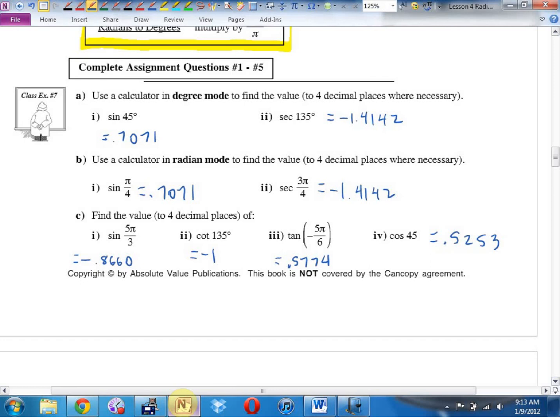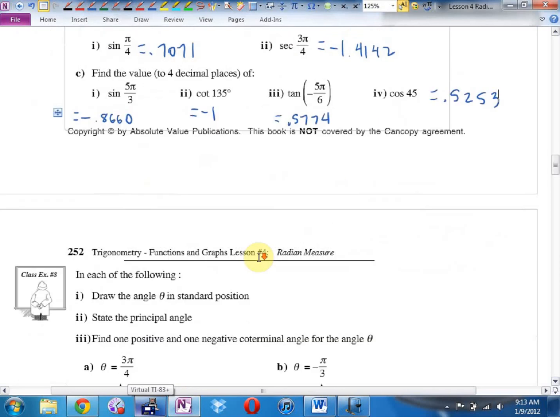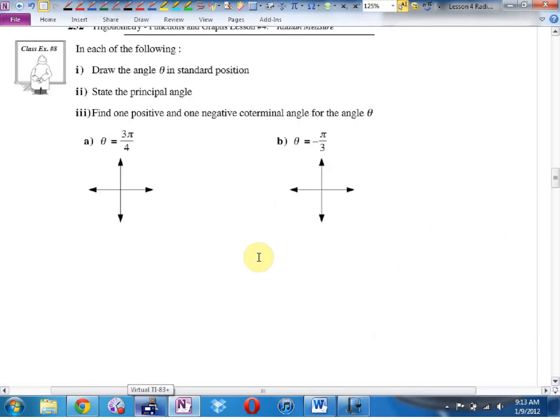Now we need to get used to the cast rule and reference angles with radians. Turn the page, please. It says, in each of the following, 1. Draw the angle theta in standard position. 2. State the principal angle. 3. Find one positive and one negative coterminal angle.